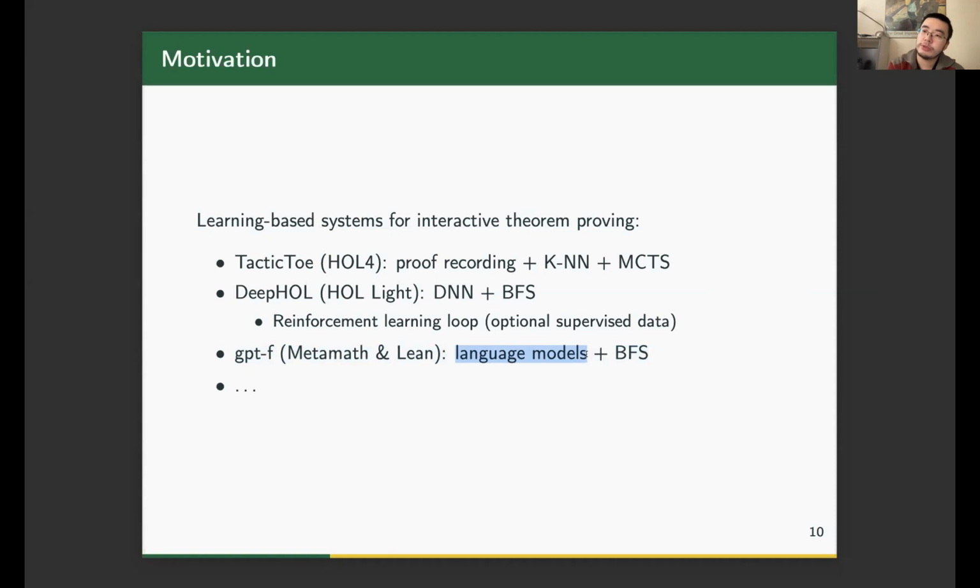Then it's just a string-to-string translation, right? It's like you translate from Dutch to English, right? This is currently the most successful one that we've seen, but the problem is that they still use a best first search, and that is very expensive in time and space.